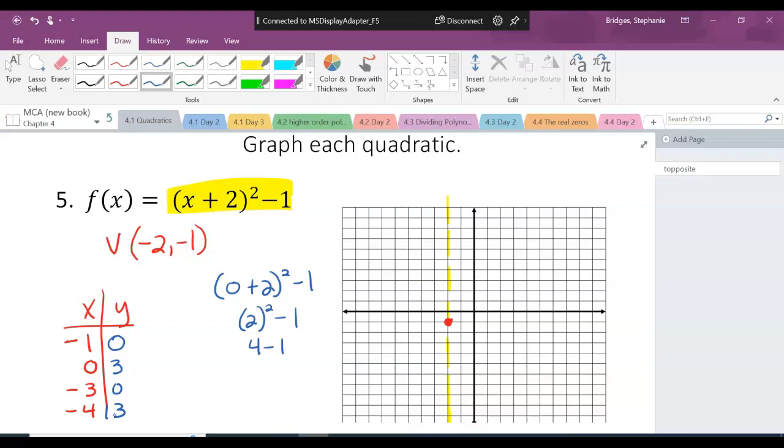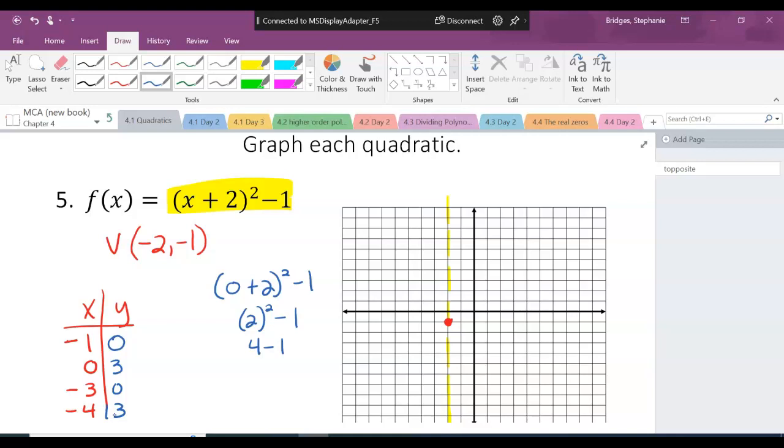So we have to look at the vertex, which is the middle point of our graph. K is going to be whatever it is.